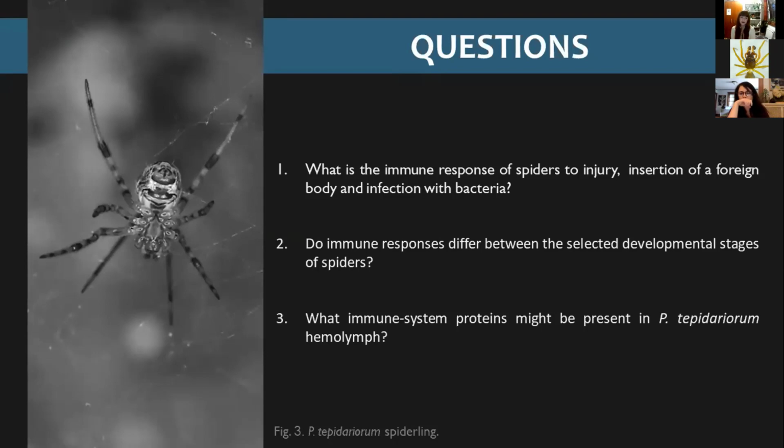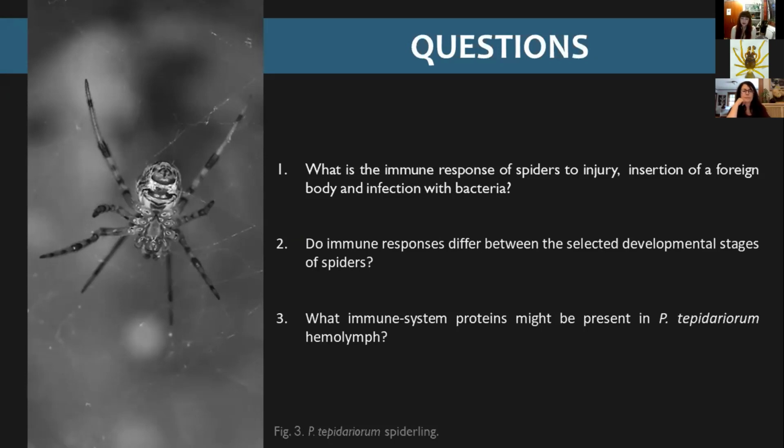Okay, since there is not much information about the immune system of spiders, we made some questions to answer. The first question is, what is the immune response of Parasteatoda tepidariorum to injury, to infections with bacteria, to a foreign body in their abdomen?